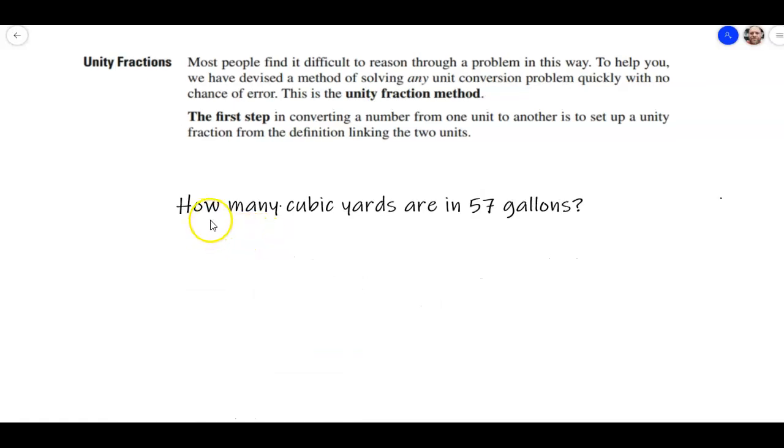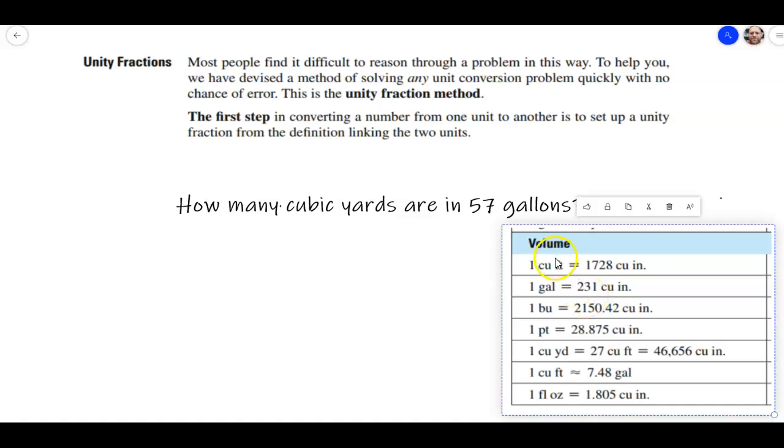All right, this one says, how many cubic yards are in 57 gallons? So I want you to go ahead, pause the video, go to the measurement summary on page 120, and see if you can set this one up and then figure it out. Then unpause the video when you're ready, and we will go over it. All right, so I've copied over the volume conversions over here, and we're going to do the same thing we did before.